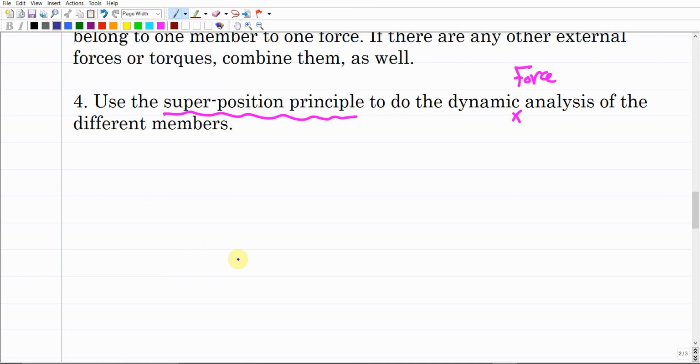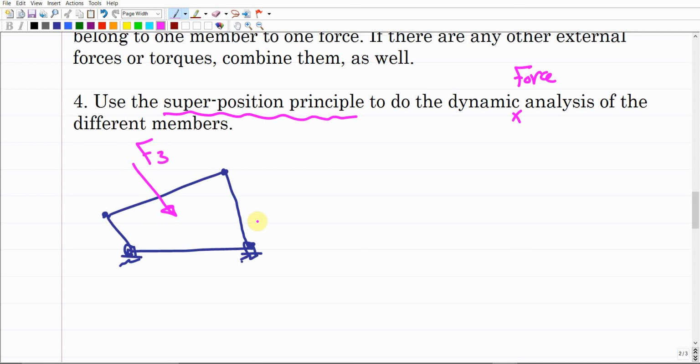This is link 1, which is the ground, and link 2, link 3, and link 4. Assume there is a force F3 acting on link 3, and another force F4 acting on link 4.